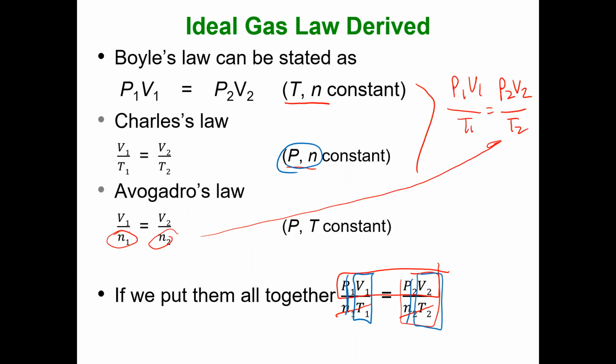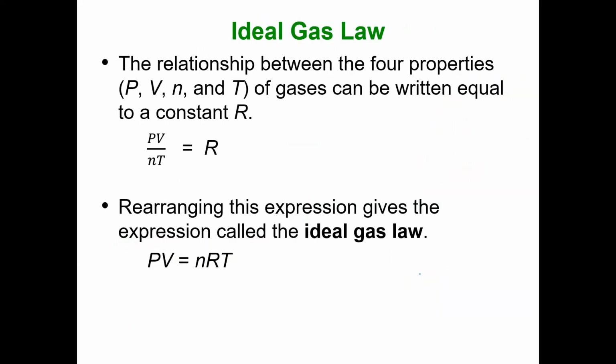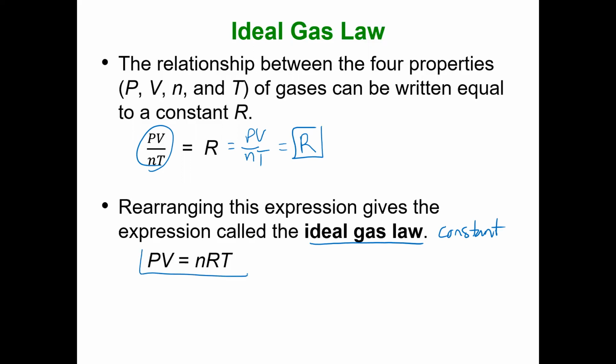But what's most important is now that I know that this ratio is always equal to itself, I know that it's equal to some constant, and that's the constant in the ideal gas law, which is referred to as R, our ideal gas law constant. And we rearrange it in terms of PV equals nRT by multiplying both sides by nT.